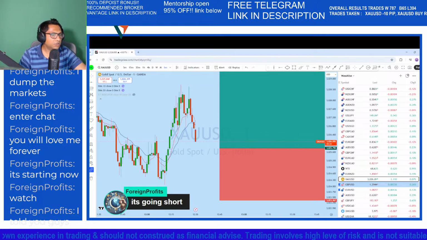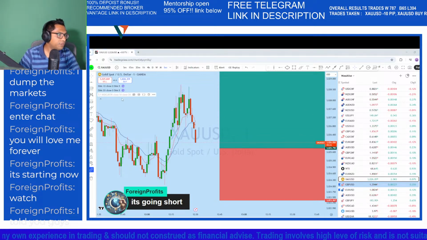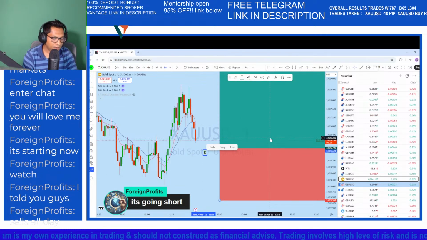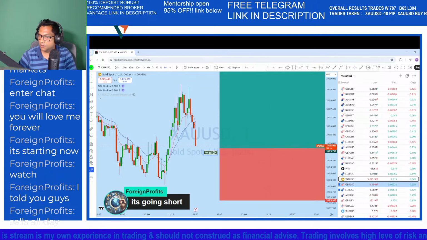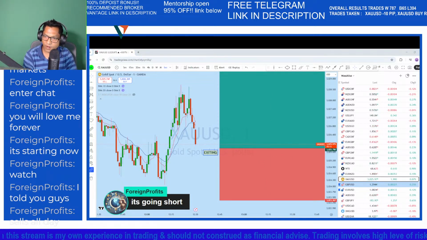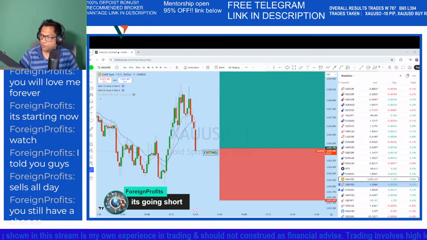So because we are out of the trade, I'm exiting the trade at entry, because it just got a rejection. Don't want to go to the minus. As you can see, it just got rejection from the top.